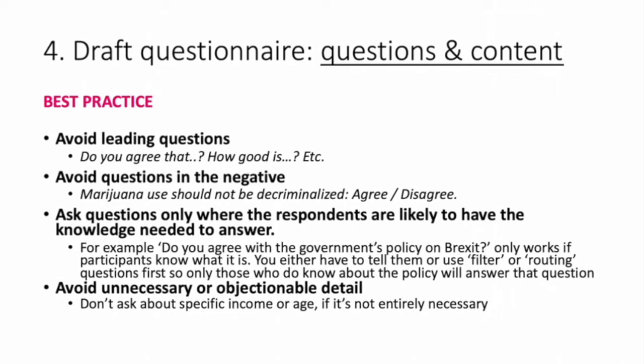And then more importantly, what you have to do is avoid asking any type of information that you don't strictly need an answer for. And this is also to comply with GDPR regulations and data protection. So we should not be collecting data that we don't strictly need for our research.